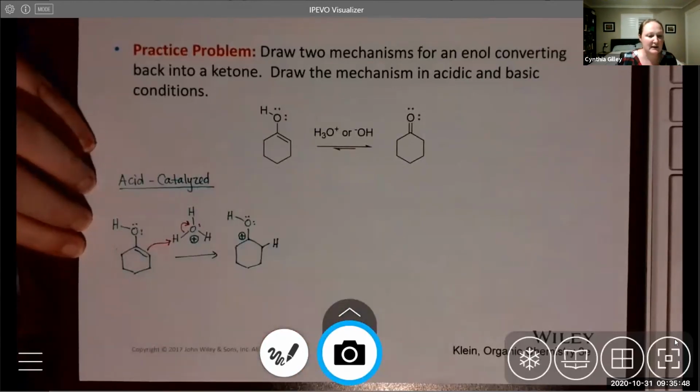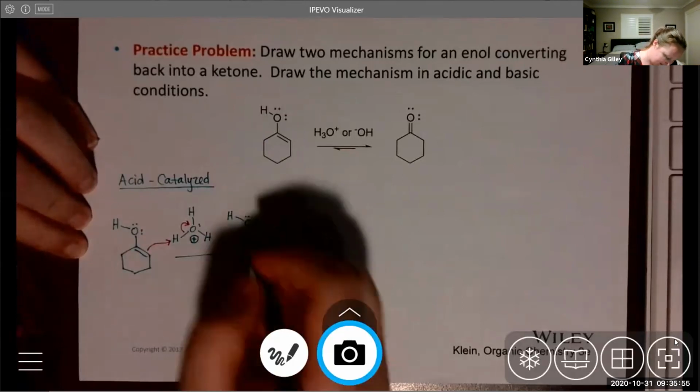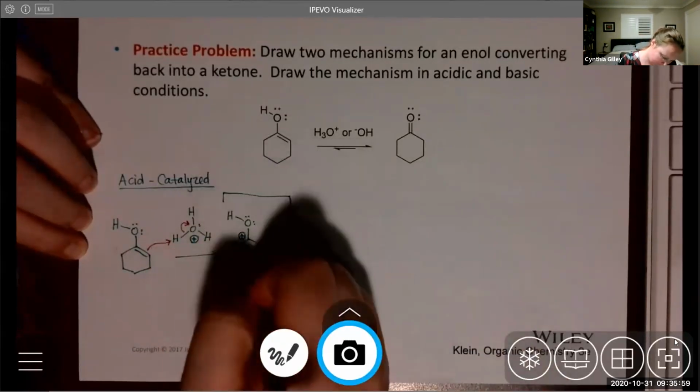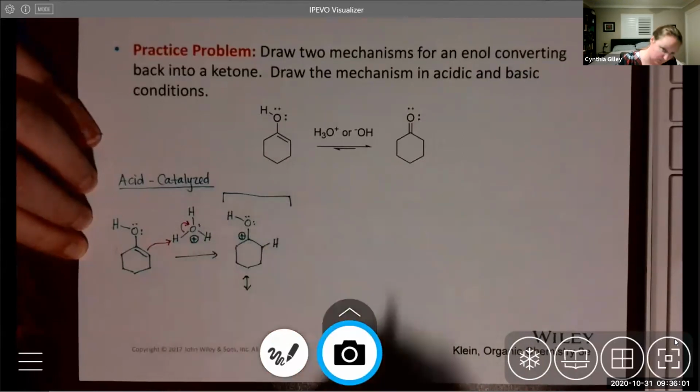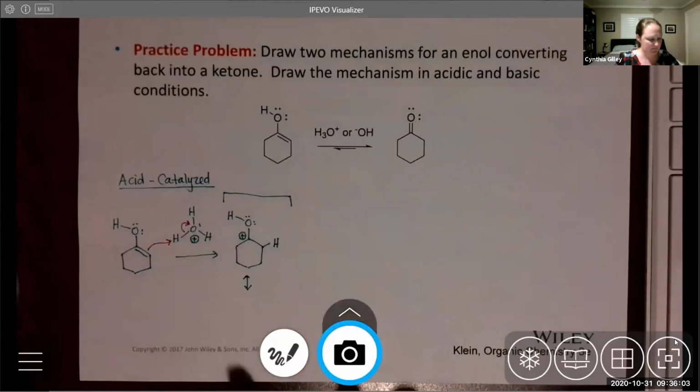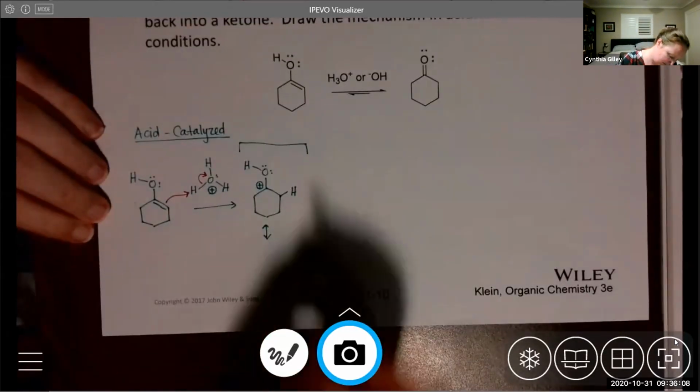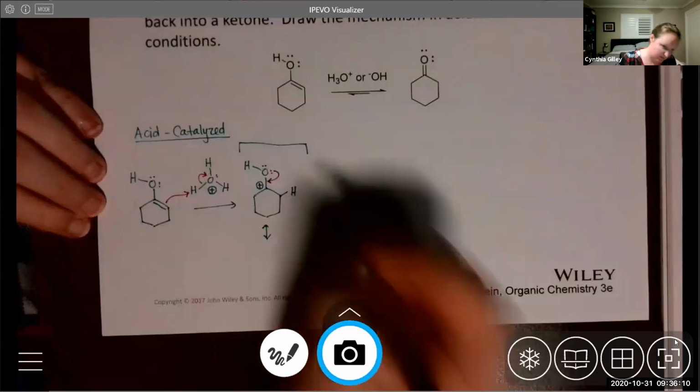That's going to leave a positive charge at the carbon attached to the oxygen. This is resonance stabilized. Notice the resonance arrow that I'm drawing here. If we want to show resonance, we should draw in our resonance arrow.